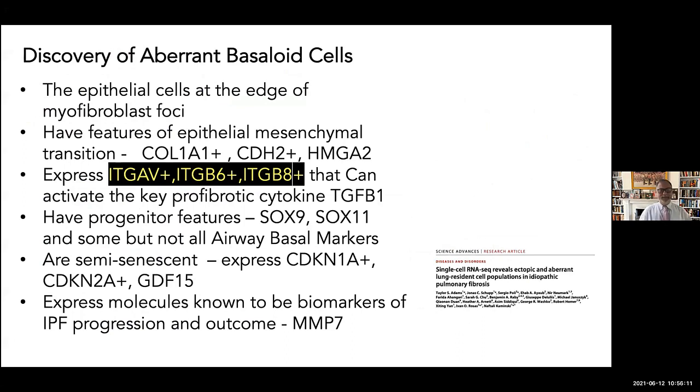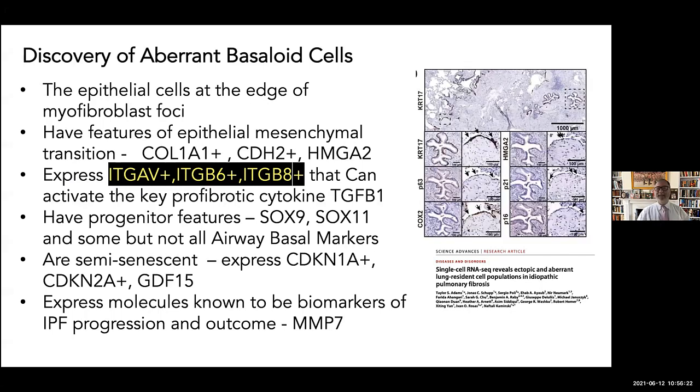The other thing I mentioned, and this is one of our discoveries, is this population of really strange cells, which we call the aberrant basaloid cells. There is a lesion in the pulmonary fibrosis lung, the myofibrofocus, and these cells sit there at the edge, and they have interesting features.